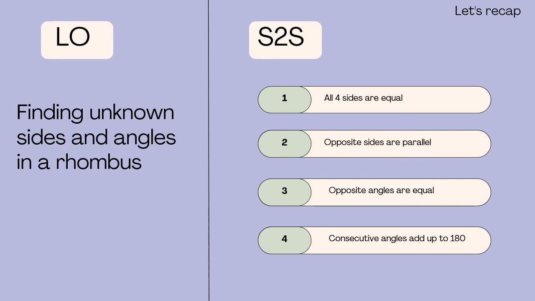The second property is opposite sides are parallel. The third property is opposite angles are equal. And the last property is consecutive angles add up to 180 degrees. Consecutive means that two angles make up a sharp C shape, and you can use your highlighter to see the shape.